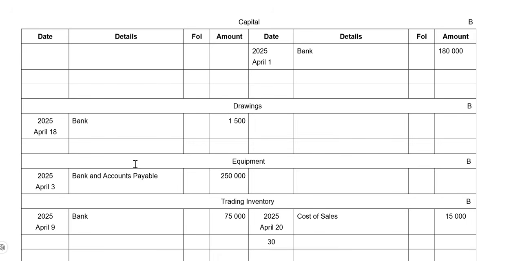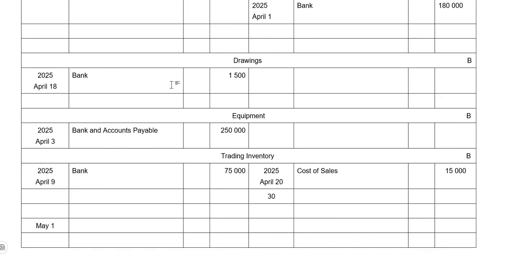The question said, balance those accounts that need to be balanced. Capital, on the credit side, is only one entry. I wouldn't balance that because it already tells me the owner's interest in the business is 180,000. Drawings, it's one entry on the debit side. Don't balance it.